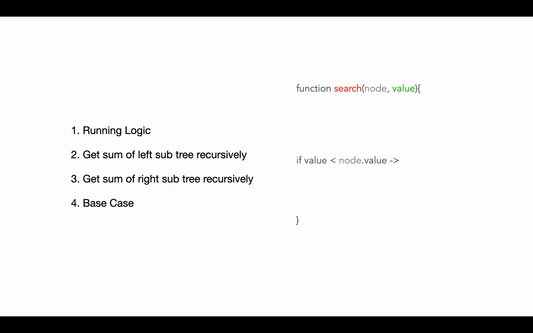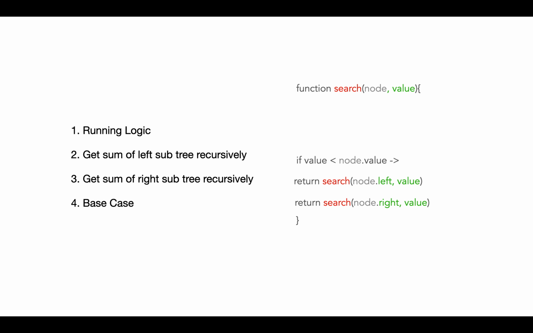So first comes the logic. If the value is smaller than the node's value, then the next step is to recurse in left to find that value. Else, we will recurse in right to find out if the tree has that value.